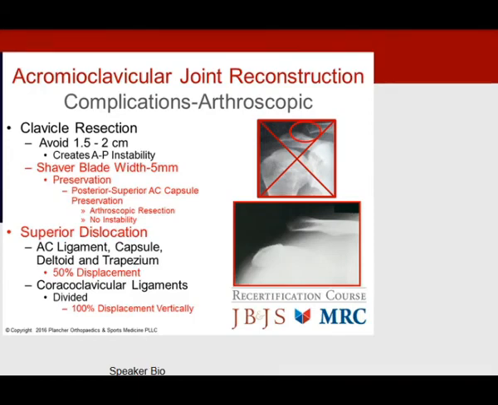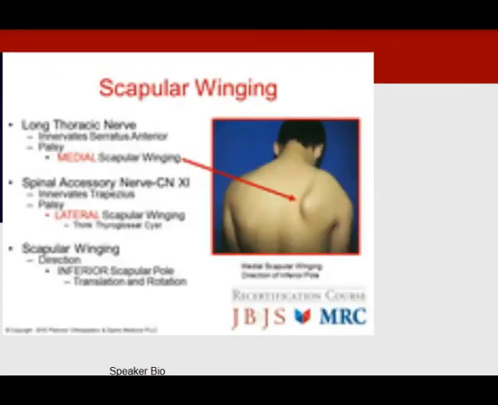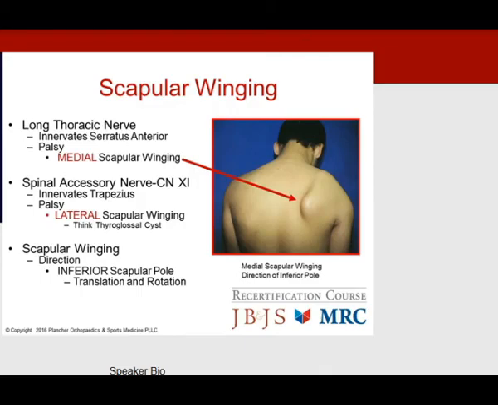Superior dislocation will occur when the AC ligament and posterior capsule are violated, and so we never want to divide the coracoclavicular ligaments. Scapular winging is seen when the medial scapula and the direction of the inferior pole is lifted. As here on the right, this is medial scapular winging, and it involves the serratus anterior palsy with the long thoracic nerve.